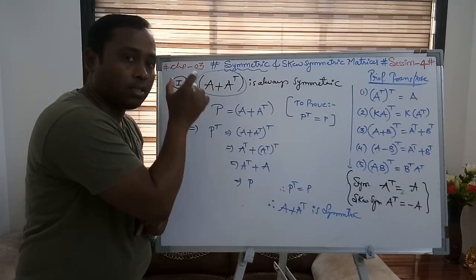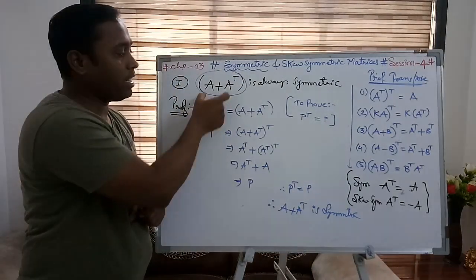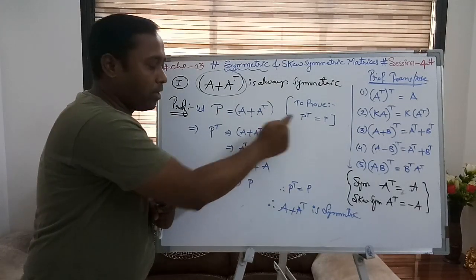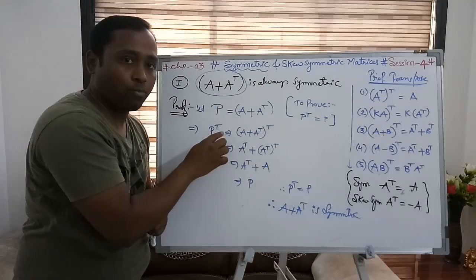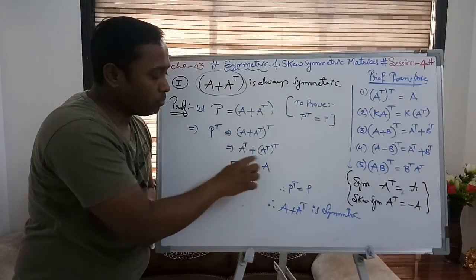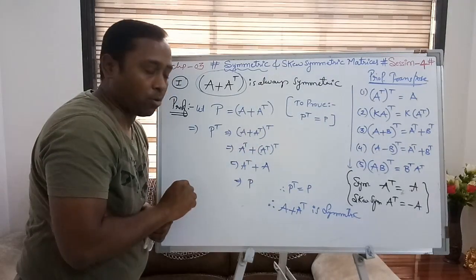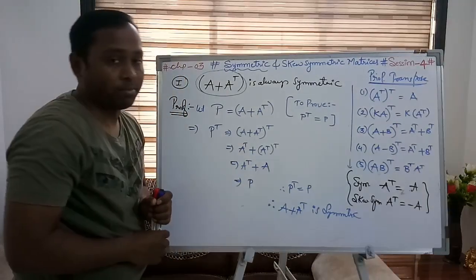This addition is always symmetric. How have I proved it? Just by taking this as the P matrix, then I was able to prove P transpose equal to P by taking the transpose of that operation, applying a few suitable properties of the transpose, and then I was able to get P. So it means that it is symmetric.